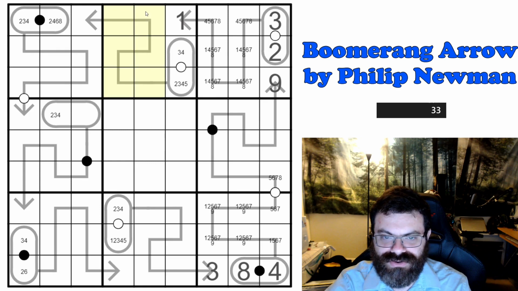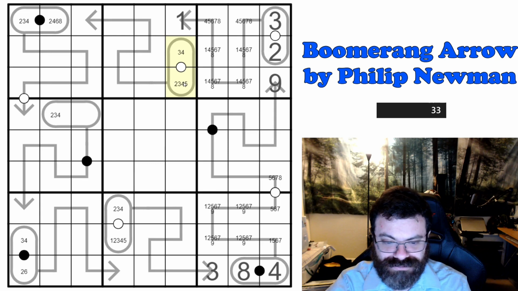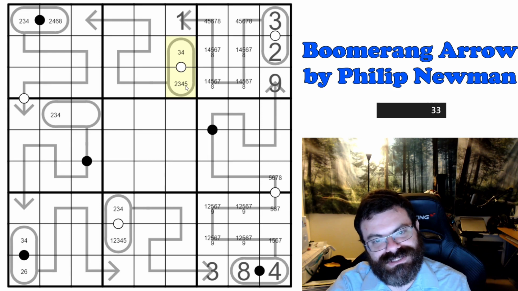Because we kind of know, with this being a 1, we may know more about what this sum can be, especially since these have to be consecutive. So we're either 32, 34, 43, or 45. And do I just go through each one? I don't think 45 is going to be possible, is it?